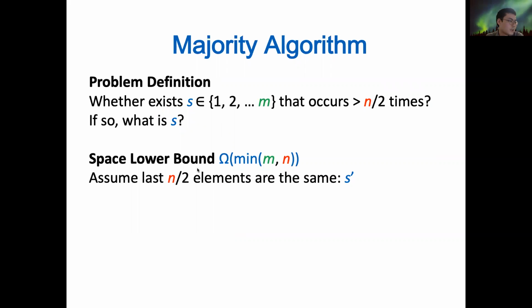So here's how we answer this. Assume that, let's consider a stream of data, and remember this stream has a size n, which means so far we see n items. So what we can do is we can cut it into 2 halves. We can cut it here.